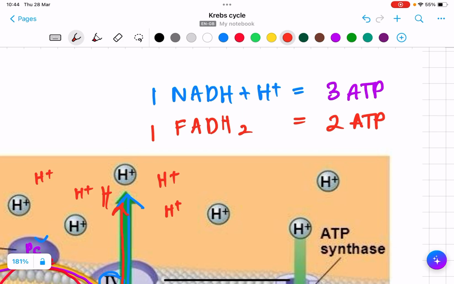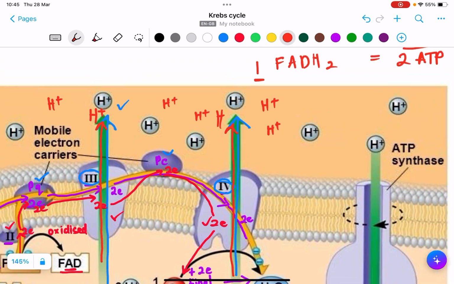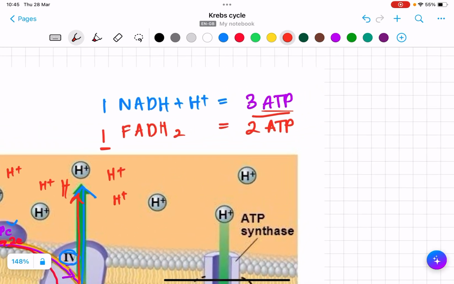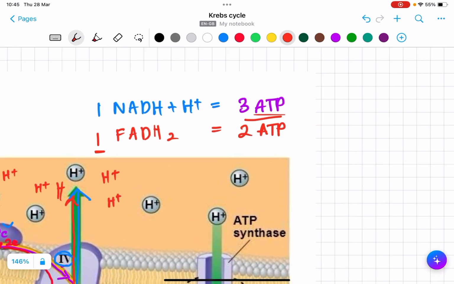So, that's how we remember the formula. So, 1 NADH has 3 places where it pumps hydrogen, so it's going to produce 3 ATP. 1 FADH2 will produce 2 ATP, because there are 2 complexes that can pump hydrogen ions. So, back to our formula. The total NADH that we have is 10.